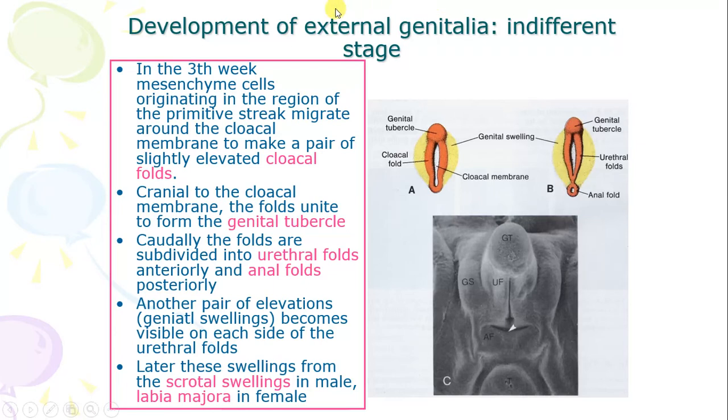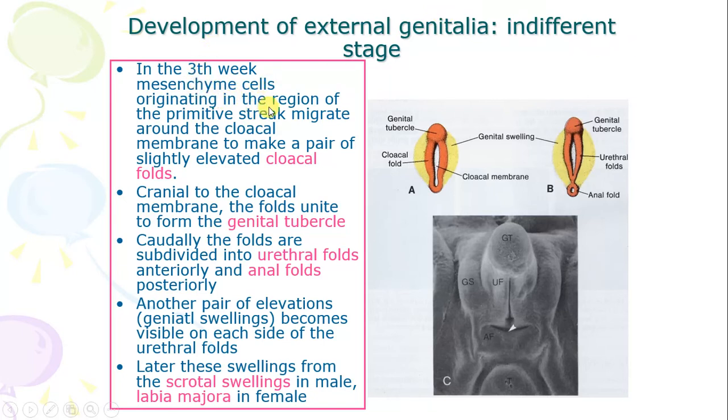So for the external genitalia at the indifferent stage, here we can see the genital tubercle, the cloacal folds, and the cloacal membrane, and then with further development there is the anal fold. What we see in the indifferent stage is the third week.